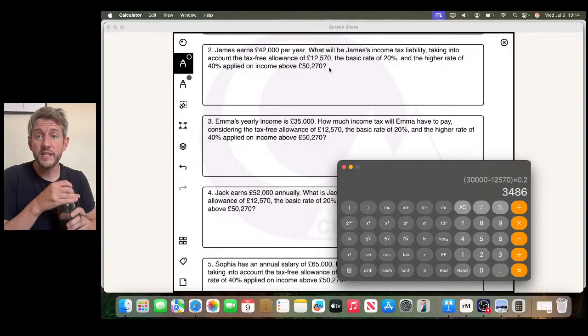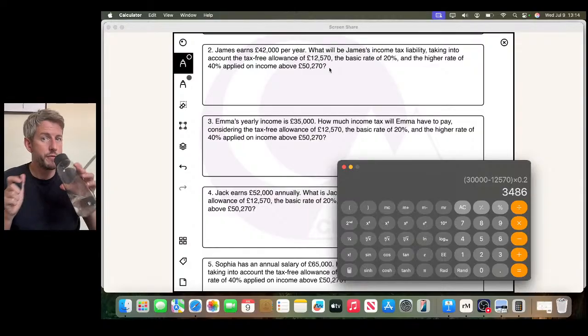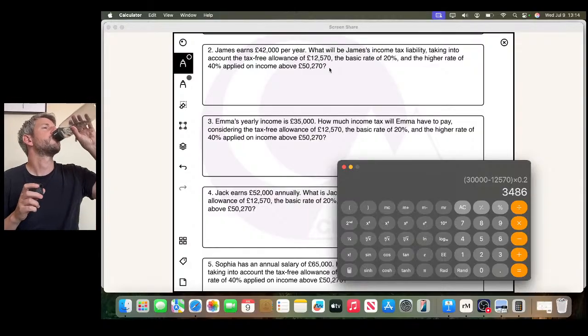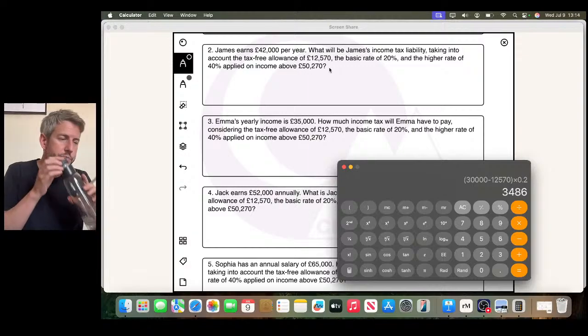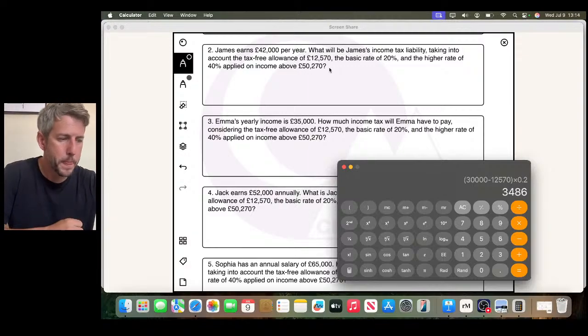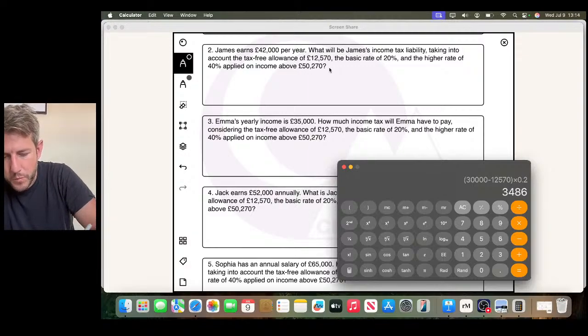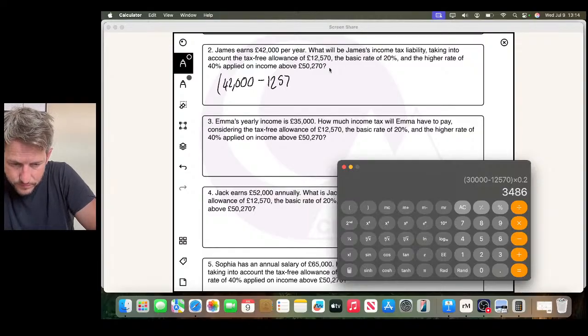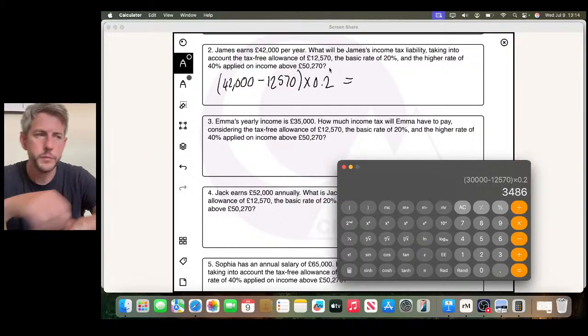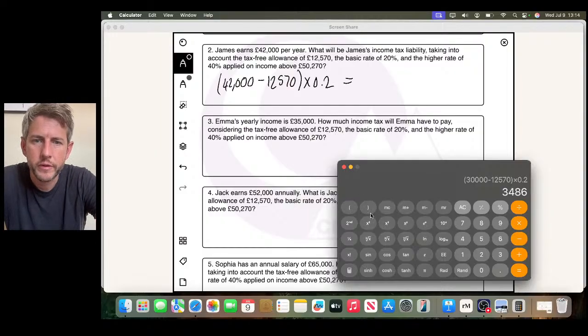Well, James doesn't earn over 50,000 either. So we can do the same thing as last time. 42,000, take away the tax-free allowance. There we go.